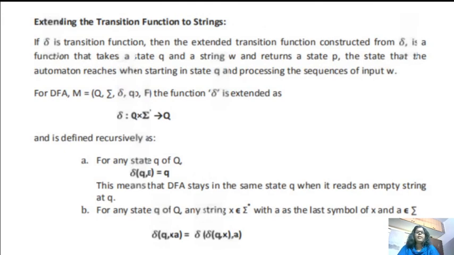Extending the transition function to strings. If delta is a transition function, then the extended transition function constructed from delta is a function that takes a state Q and a string W and returns a state P, the state that the automaton reaches when starting in state Q and processing the sequence of input W. The DFA contains 5 tuples: Q is the set of states, sigma the input symbols, delta the transition function, Q naught the initial state, F the set of final states.